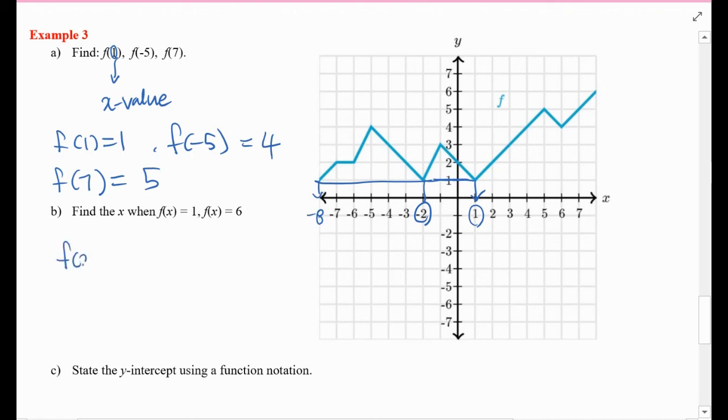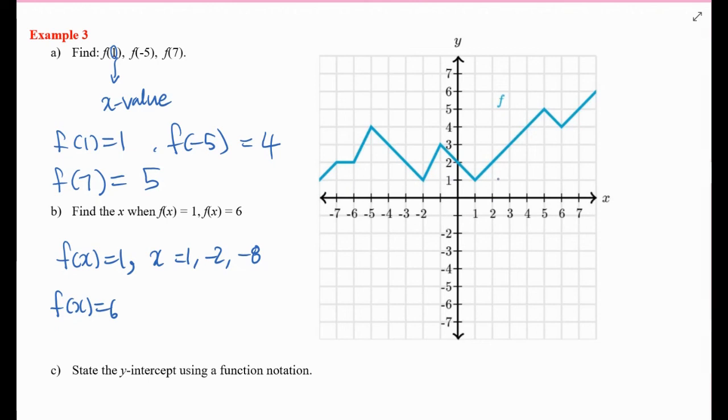So when f of x equals 1, then x value will be 1, negative 2, and negative 8. When f of x equals 6, I want you to try it by yourself. When f of x is 6, what is x value? Here, 6. And draw a horizontal line, and the x value is 8. So x equals 8.